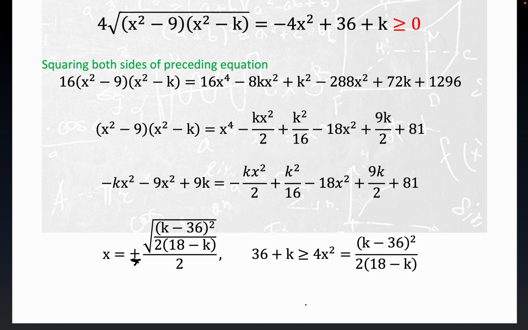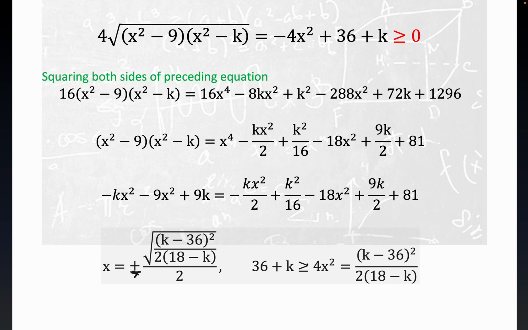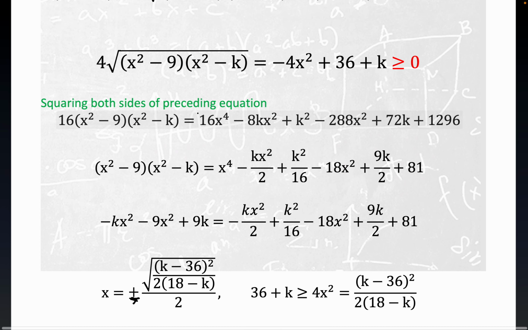Now, this piece right here came kind of unexpected to me, but notice that you can rewrite this important condition differently. You can write this as 36 plus k as greater than or equal to 4x squared.